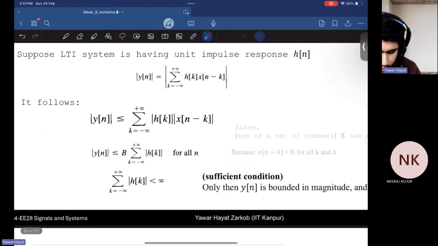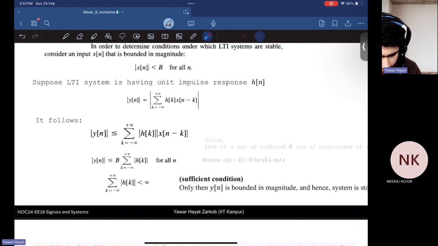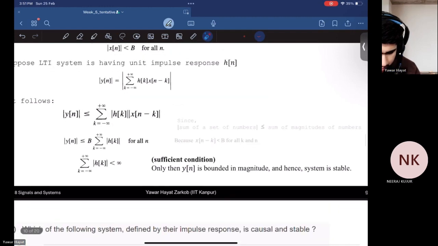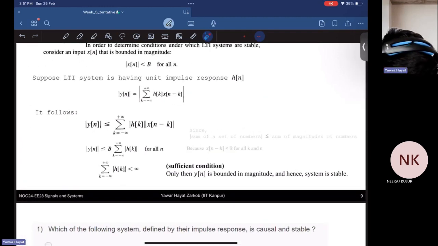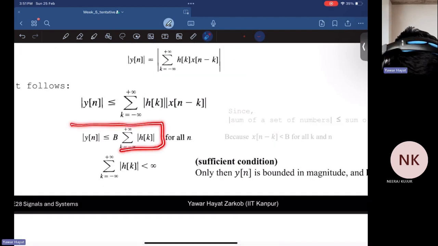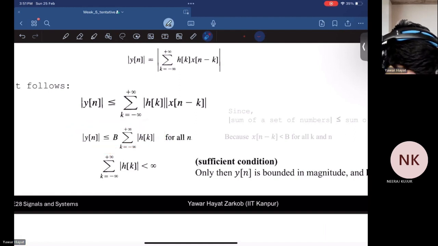So what will be the sufficient condition? If this is to be bounded, we know that b is fine, right?